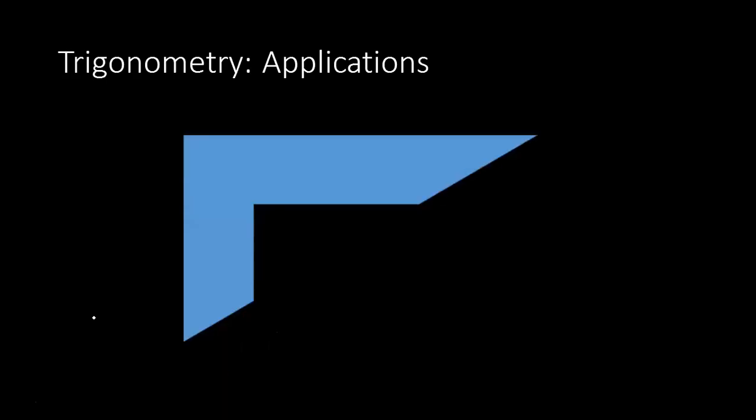Another example, suppose you are in a certain park. You know the measurements of the four sides. You have this one as 22 meters, this one as 15 meters, 12 meters, and 6 meters. Imagine that this is your park.